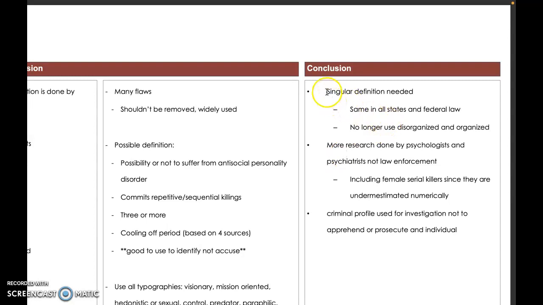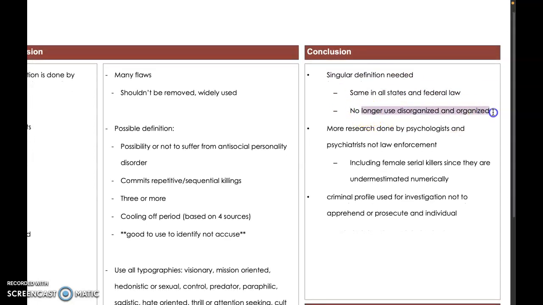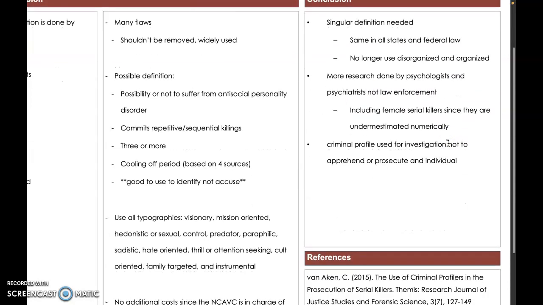And the conclusion was to use a singular definition, since when researching, I myself found at least 3 definitions when it came to serial killers. It should be applied in all states and federal law. No longer use disorganized or organized. More research should be done by psychologists and psychiatrists, as I mentioned before.